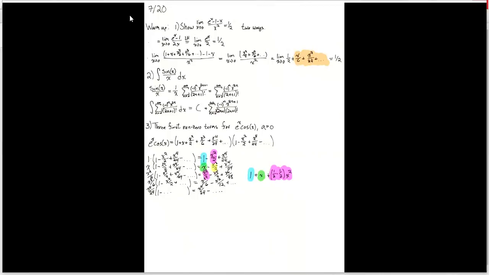So why don't we look at the cubic terms. And I've got these two. So we've got plus 1/6 minus 1/2 x cubed. That was the yellow. Why don't we go ahead and start adding the fourth terms.